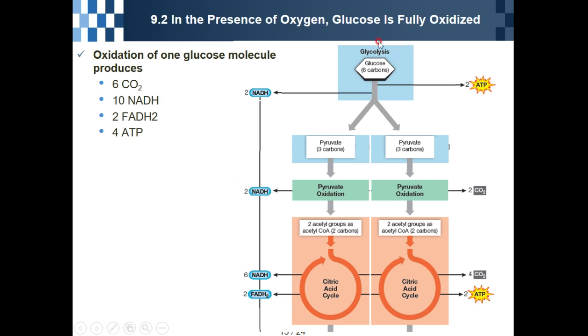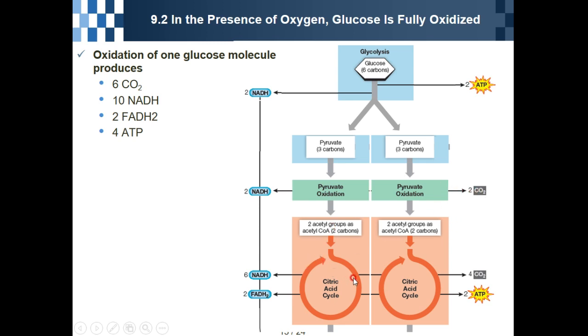So during glycolysis, 2 NADH is synthesized and 2 ATP is synthesized. So during the pyruvate oxidation, 2 NADH and 2 CO2 is synthesized.